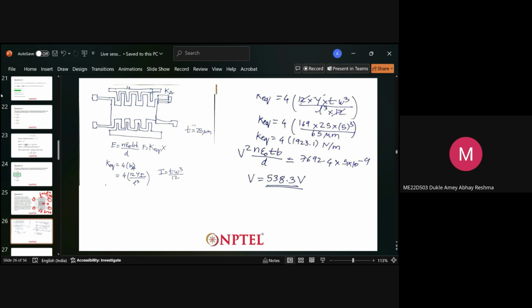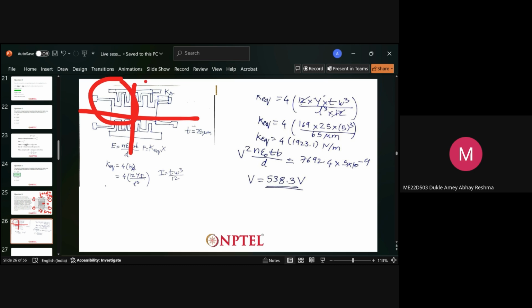We have the spring constant of the system, and we also have the force acting on it. First we find out the spring constant of the entire system. The entire spring constant is basically four times, as we have four springs acting here.